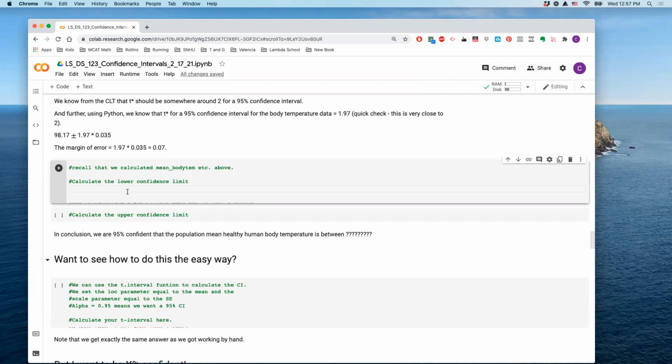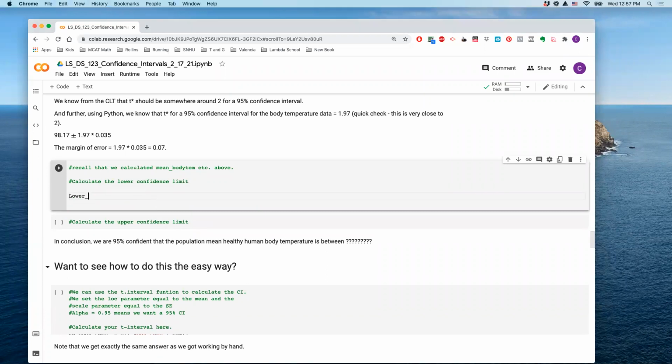So we can use Python, basically like a calculator in this case. And we can say the lower confidence limit is equal to... well, actually, what I want to do is use my variables that I assigned things to. So I'm going to take the mean body temperature and subtract off t star times the standard error.